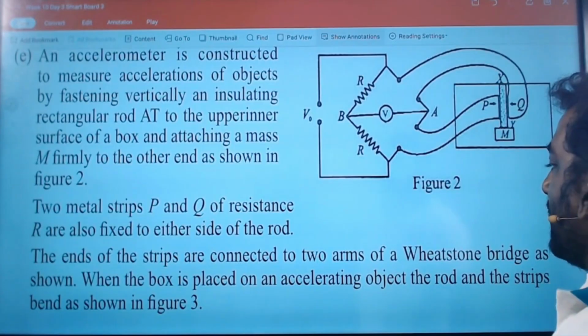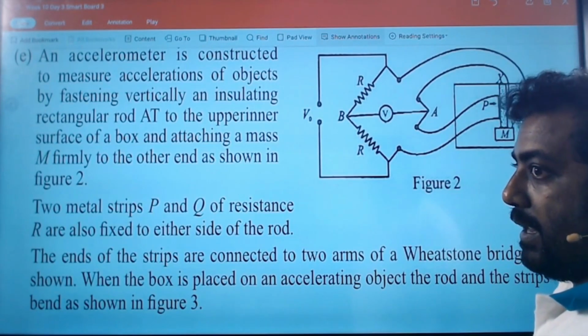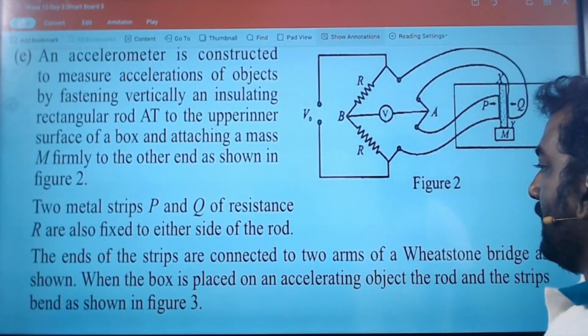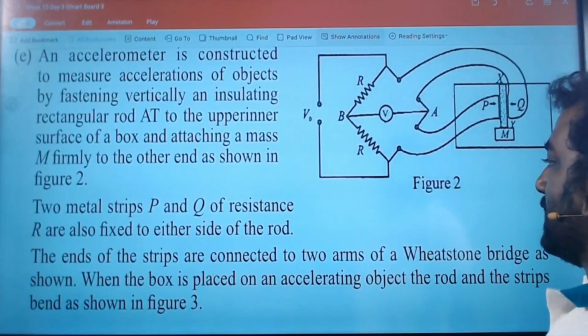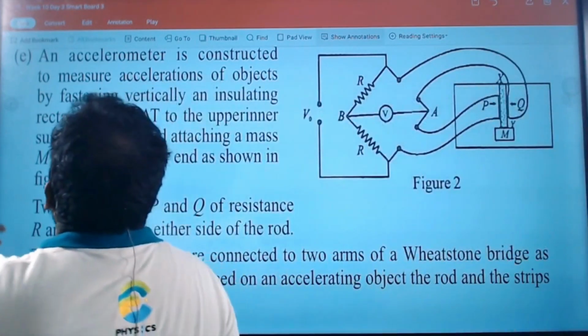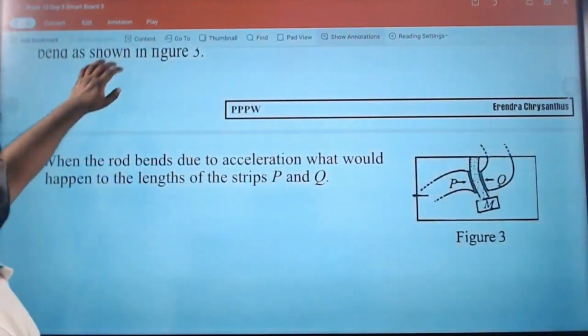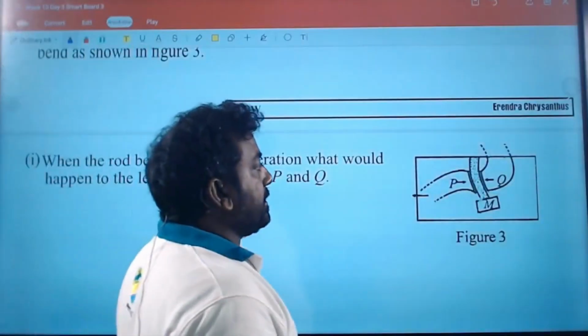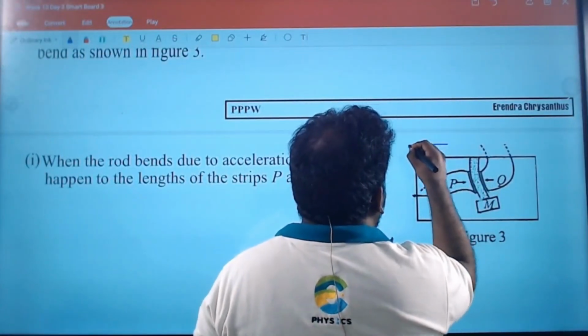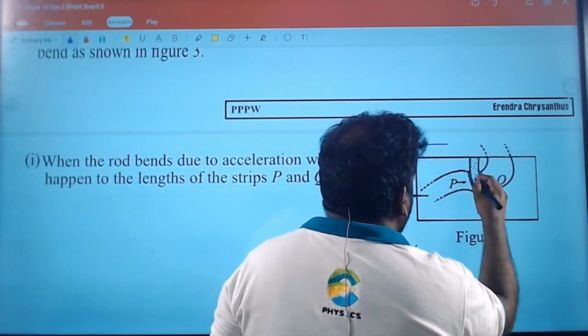When the box is placed in an accelerating object and the acceleration changes, it causes the rod to bend. Now what has happened? Here when it accelerates, maybe accelerating backwards, it will bend, accelerating forwards, bend backwards.